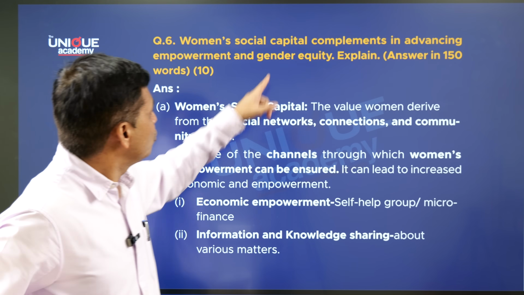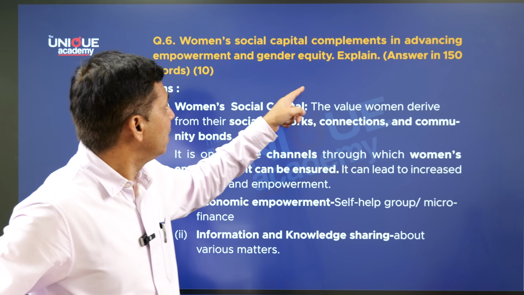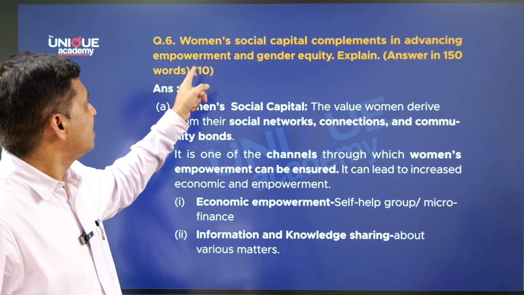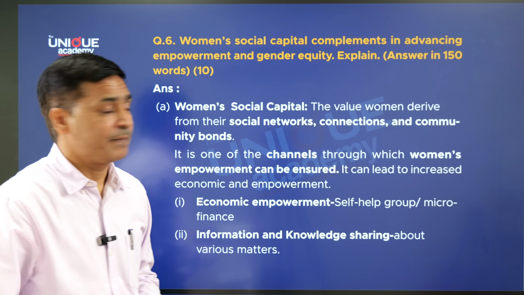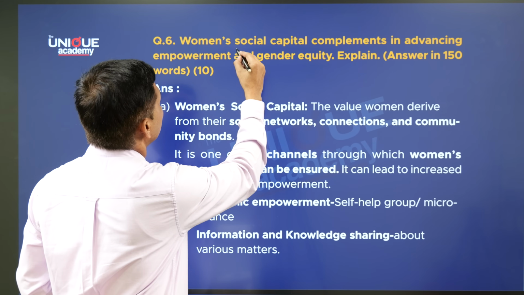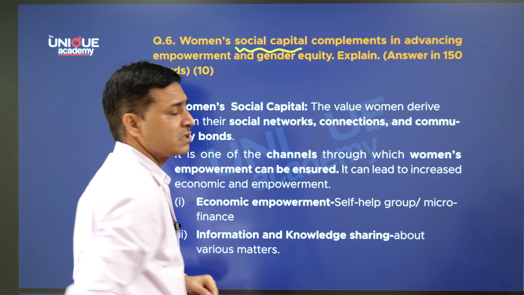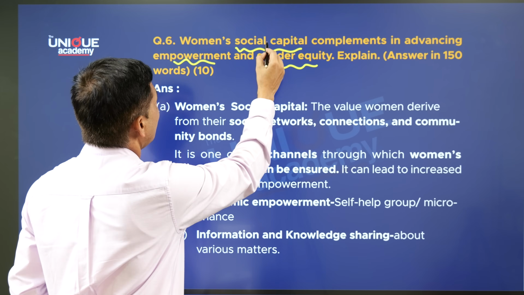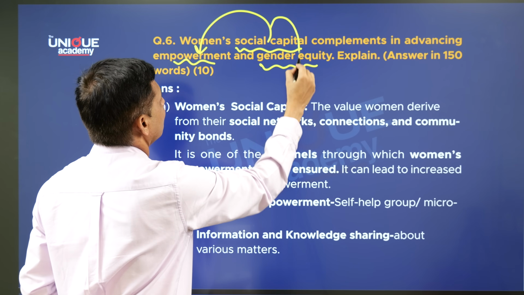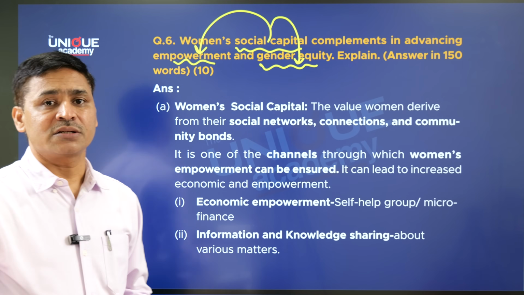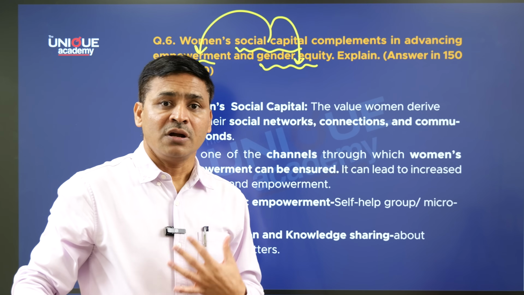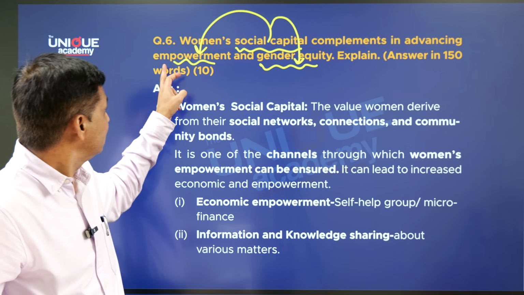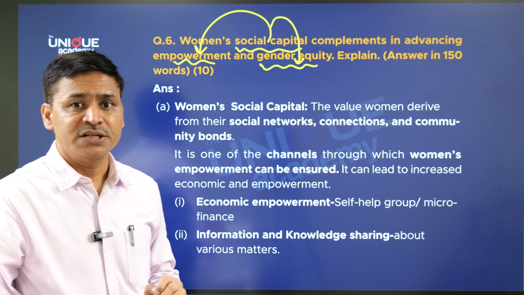Now this is very interesting. Women's social capital complements advancing empowerment and gender equity. There are 2 important parts. The first part pertains to social capital: how does social capital assist in the advancement of women in terms of empowerment as well as gender equity?